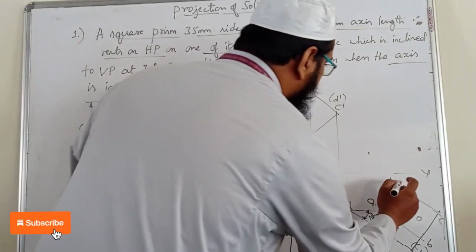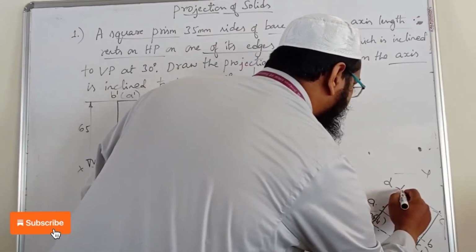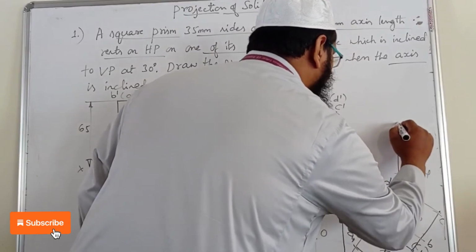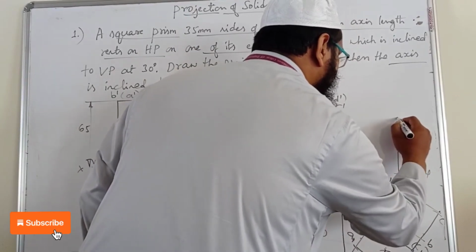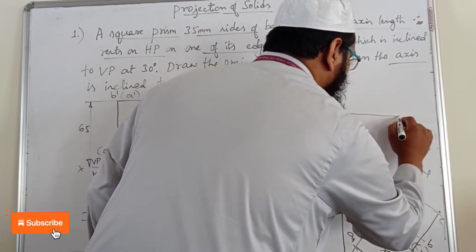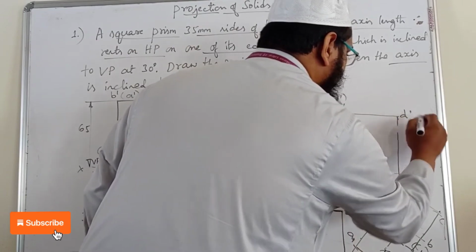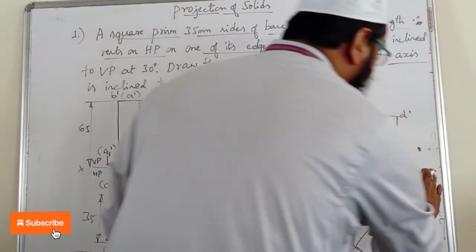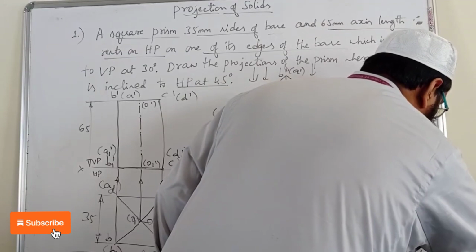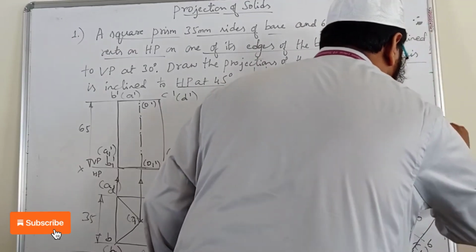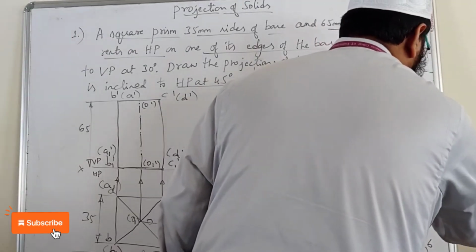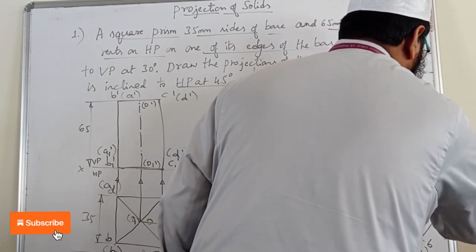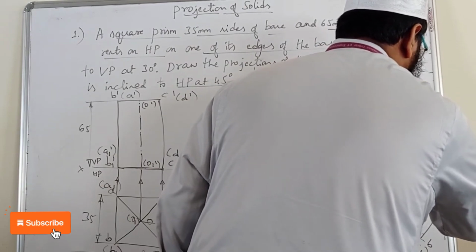You can see that. So draw a projection line till here only. So where it is, here we have D dash. Similarly, we can write for C dash also. C dash also we get it here only, right? So this is C dash.